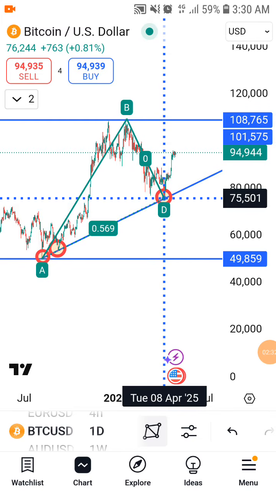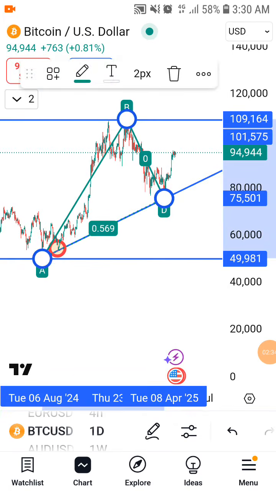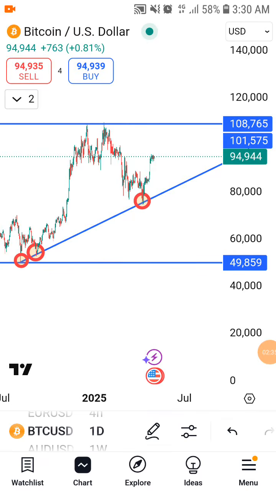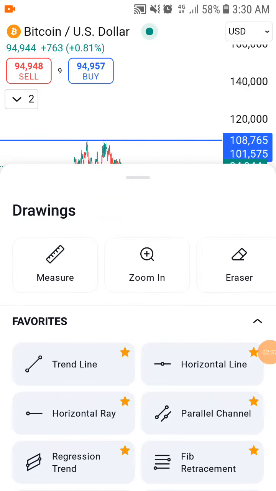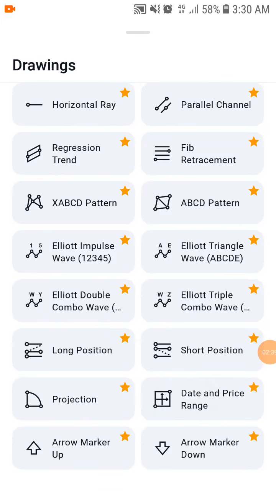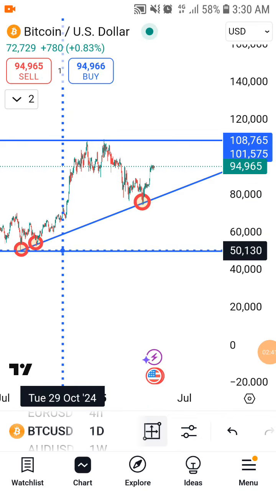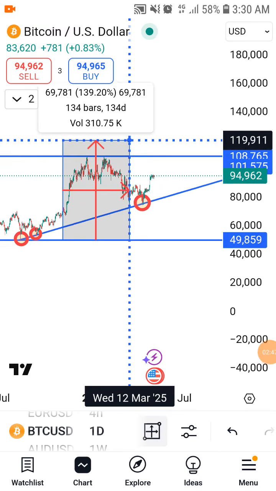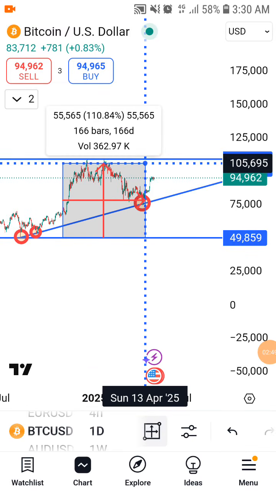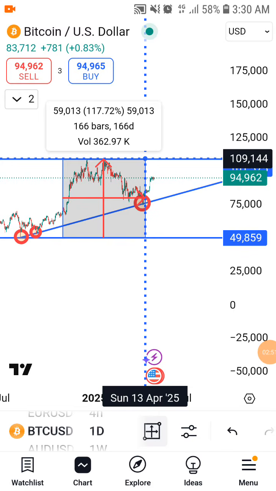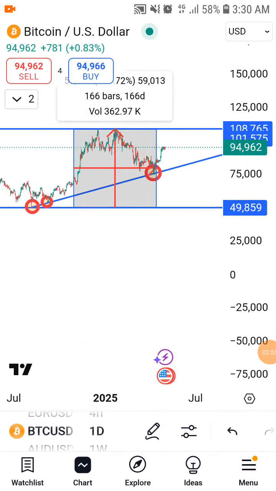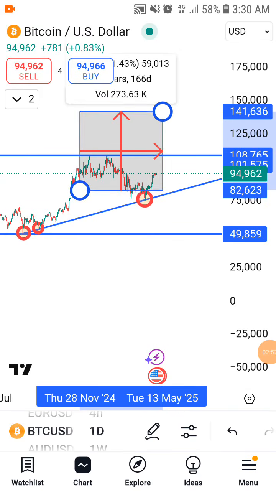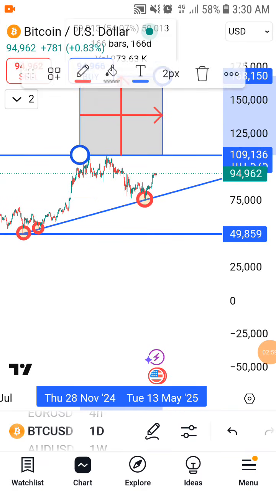Now to determine our CD, if AB equals CD, and the market says that from here to here is AB, right? Now, if AB equals CD, we are going to take this to the top of the market here.